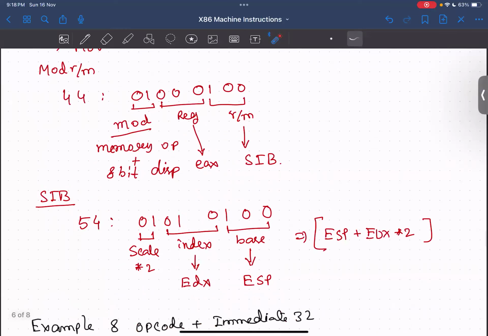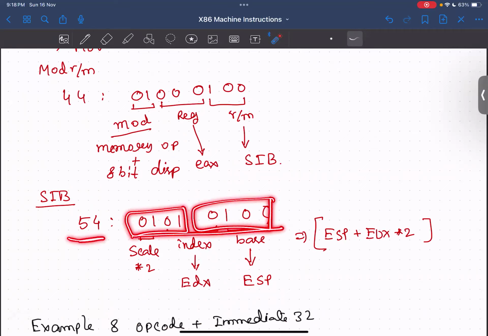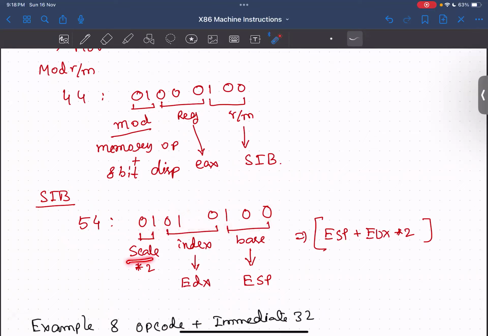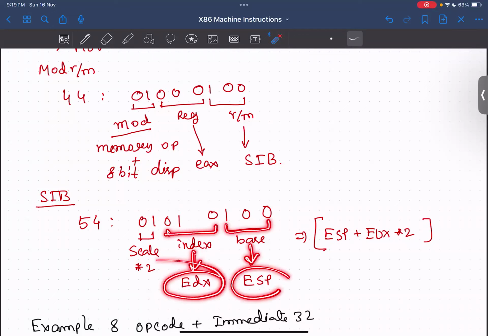Makes sense? So let's expand the SIB. If I expand the SIB, I'll have something like this. This is 5 and this is 4. Now from there, I know the first two bits mention scale, and here it is 2. Remember 10 was 4 and 01 was 2. The next 3 bits say my index register is EDX, and the last 3 bits say my base register is ESP.